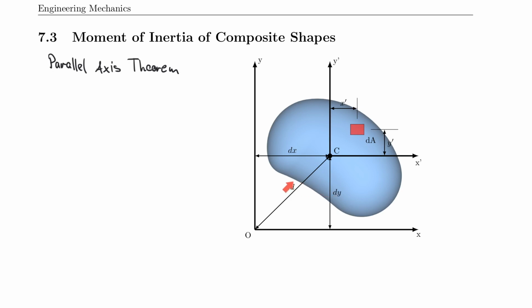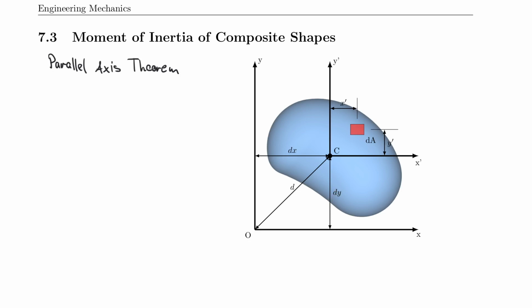So let me explain that again. This coordinate system here is usually chosen by the engineer, depending on what's most convenient. But this coordinate system is defined by the potato chip. And because the potato chip defines this, every area element within the potato chip has two distances to this origin here, one of them is y prime and one of them is dy.